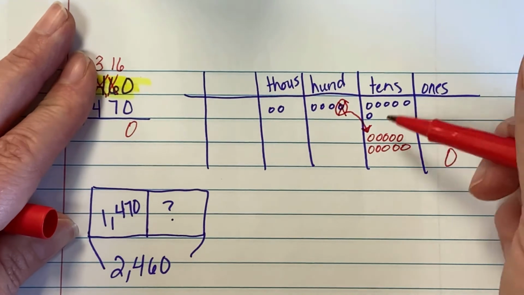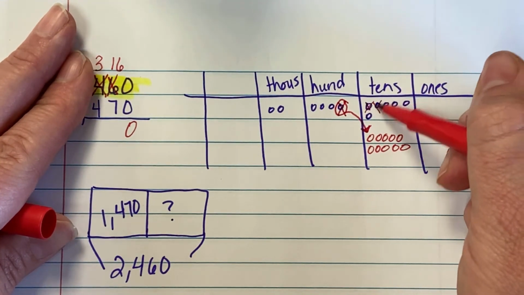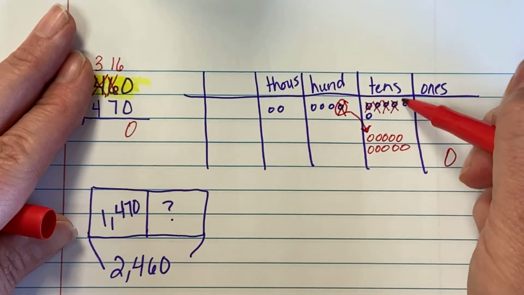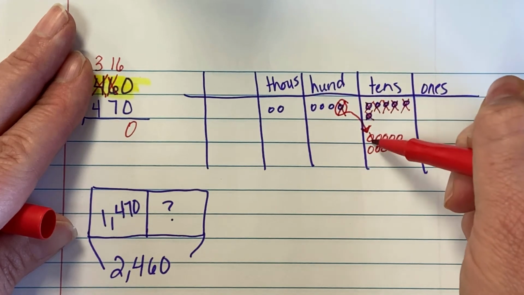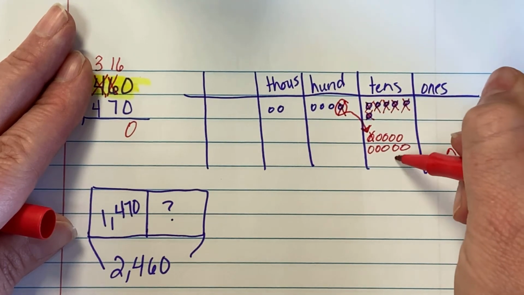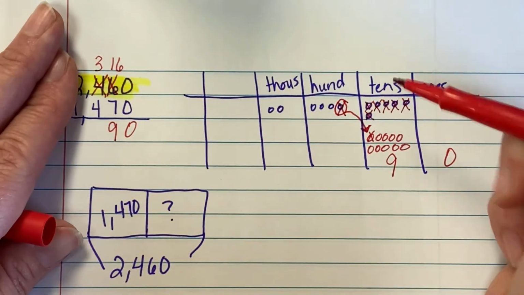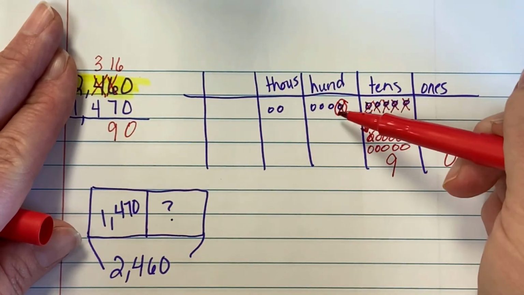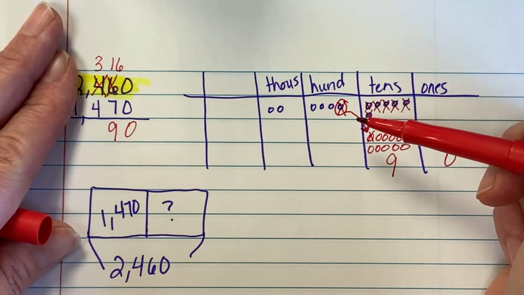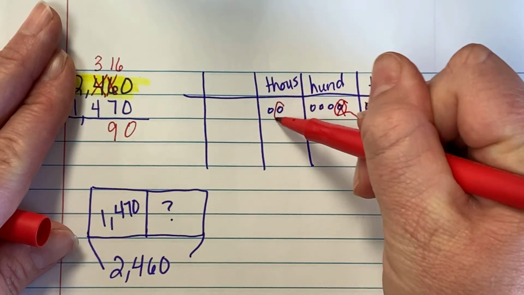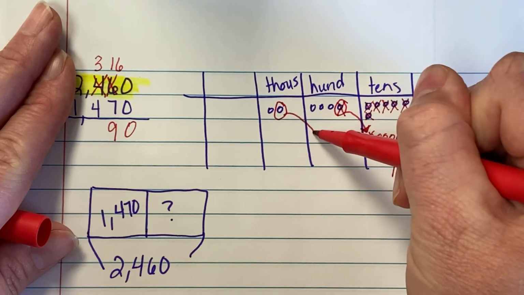Now I can take my 7 away. 1, 2, 3, 4, 5, 6, 7. So I have 9 left. Then I need to take 4 away. 1, 2, 3. I can't take 4 away. So that means I'm going to have to come over here and unbundle this.